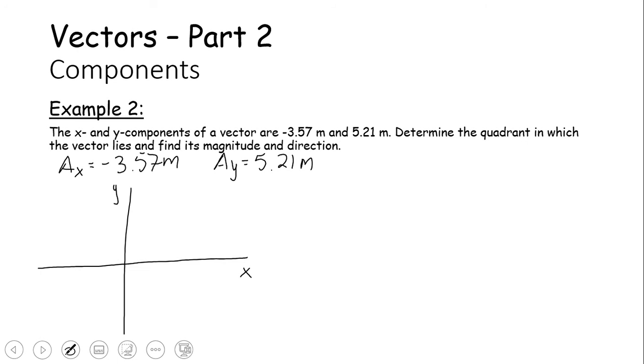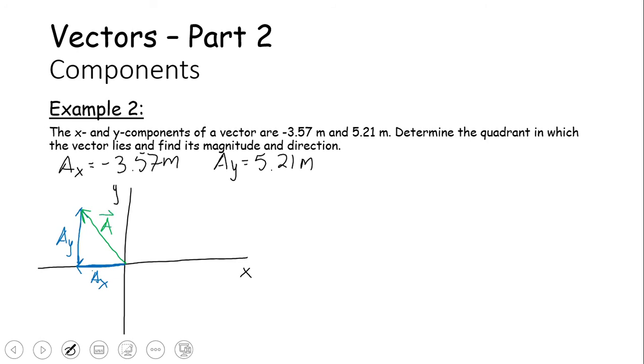If Ax is negative, it means that you're on the negative x-axis, and Ay is positive, in which case you're there. And so we see that the vector is in the second quadrant, and it has to be a vector that points in that direction.